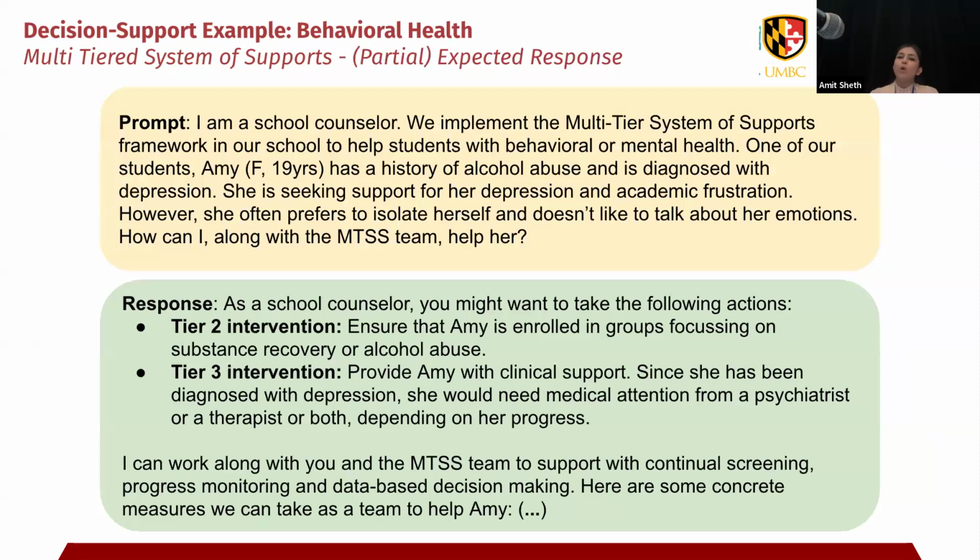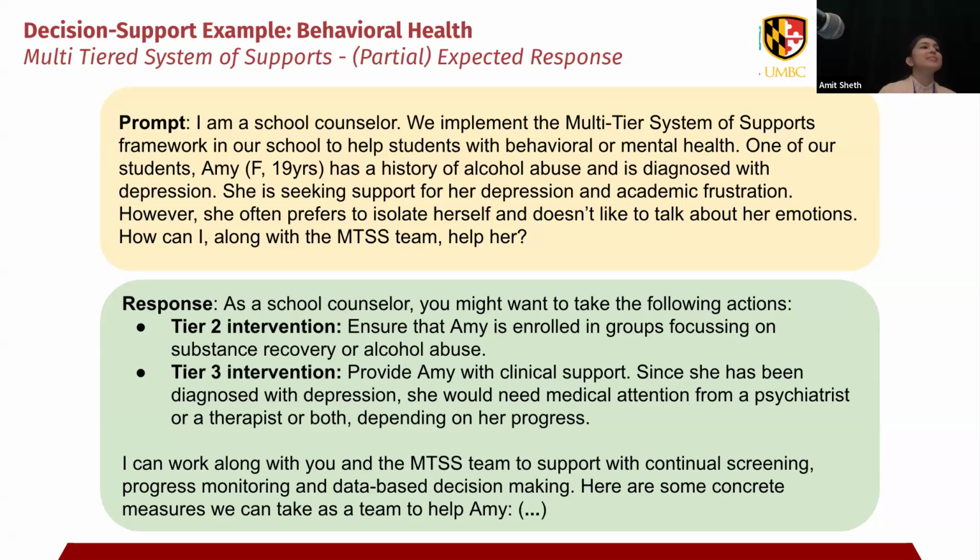So what is an acceptable response? This is a partial expected response, which goes something like this. As a school counselor, you might want to take the following actions. Make sure that Amy is in tier 2. Make sure that she's being active in tier 2. Talk to her on a regular basis.